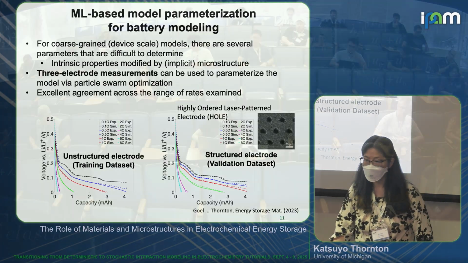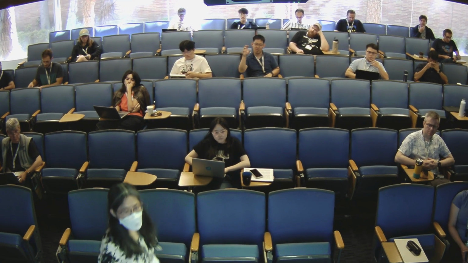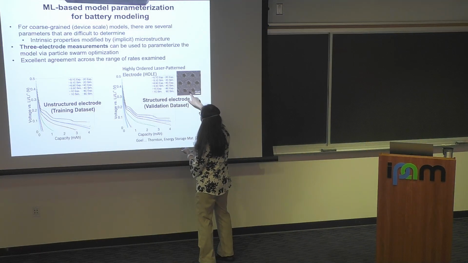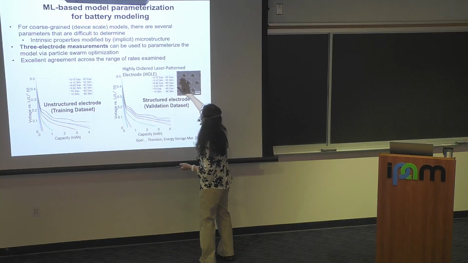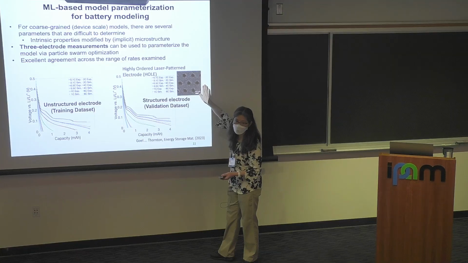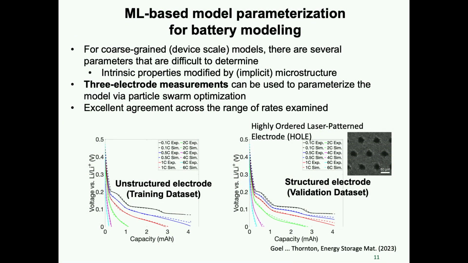Just a very quick clarification question. What's the difference between unstructured and structured? Unstructured is like, there are no holes within the electrode. This is a top view of the graphite anode, so what you're seeing is the graphite.